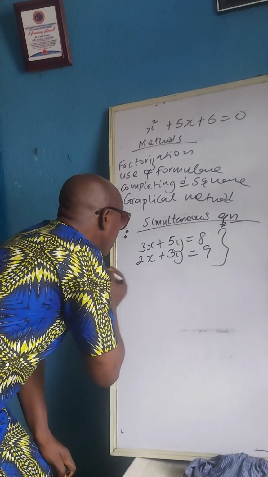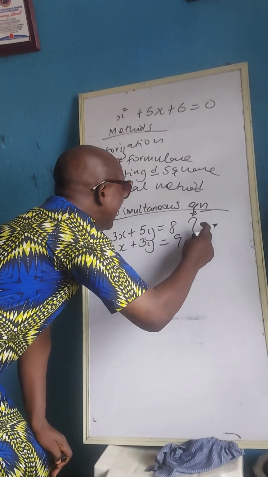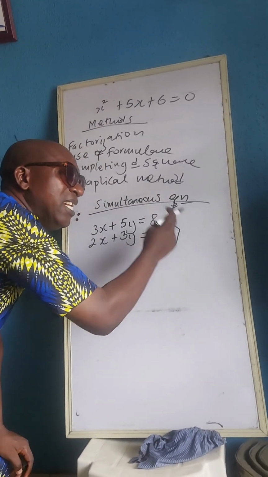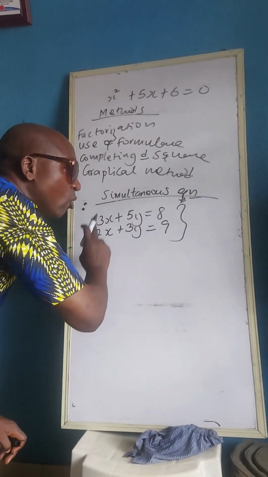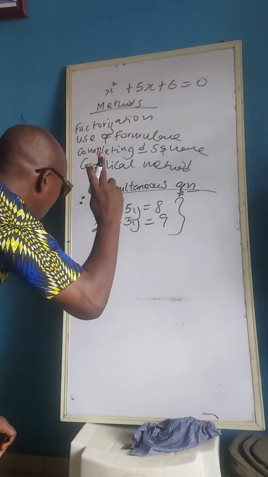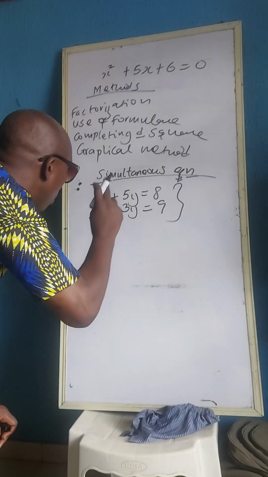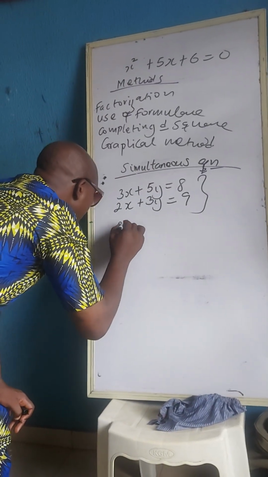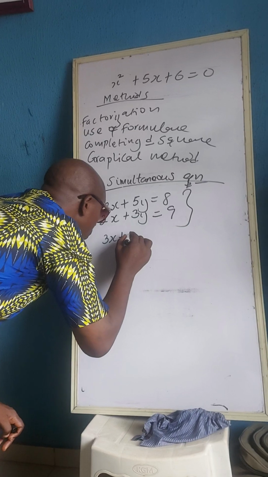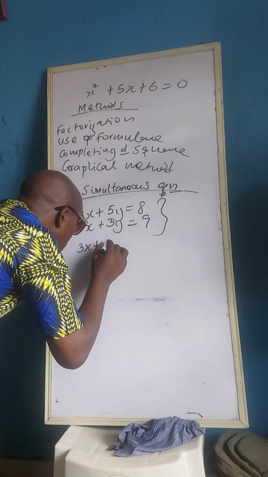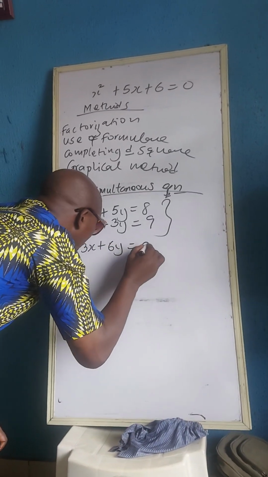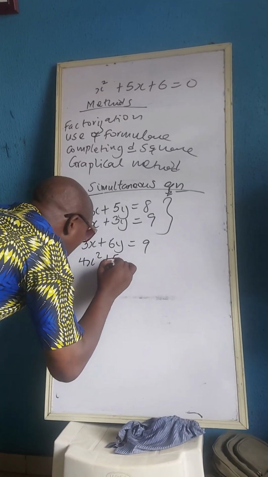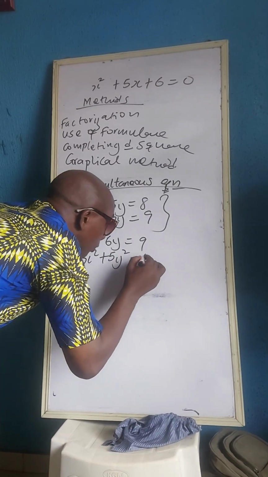Now take this for example. This one is called linear simultaneous equation. Why did I call it linear simultaneous equation? It has only one power on the letters. The second one: 3x plus 6y equal to 9, and 4x squared plus 5y squared equal to 10.